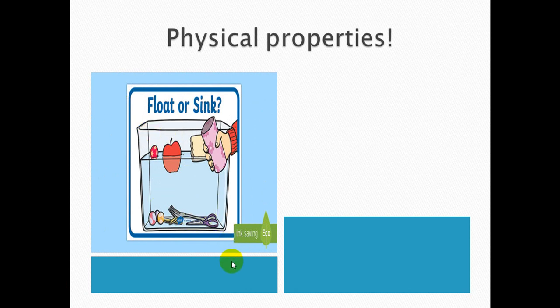We can use the physical property of float and sink to separate this mixture. Get all these matter and throw them in water. The ones up will float and the others will sink. So here you start separating this mixture.